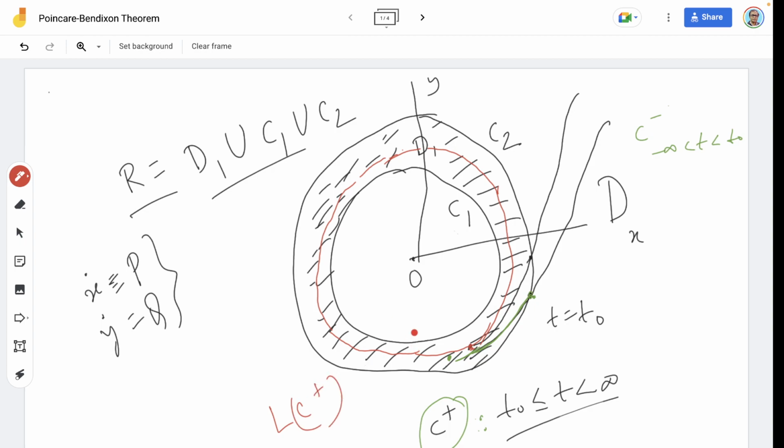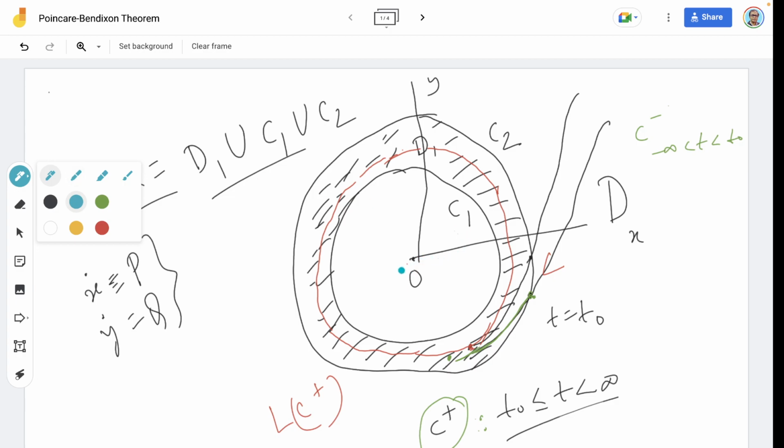This is LC plus. So this LC plus is a closed path for this system where x dot equals p, y dot equals q, approached either from outside, entering this region, or from inside.